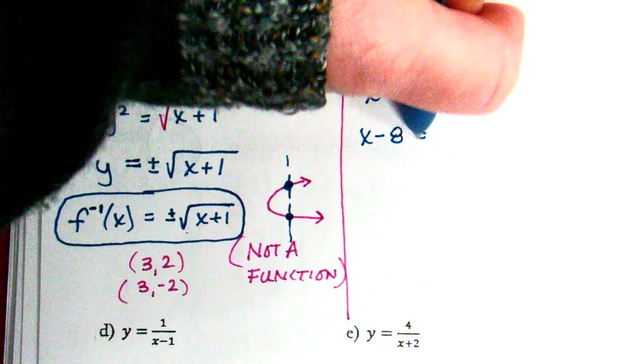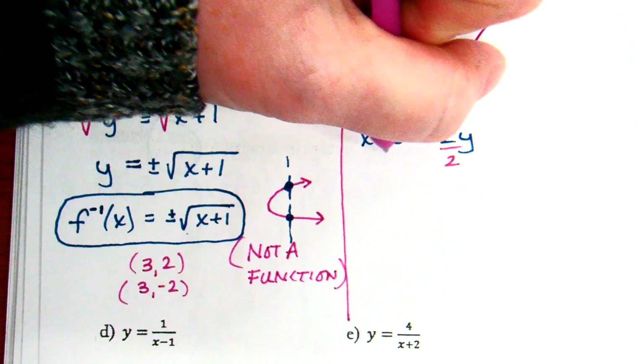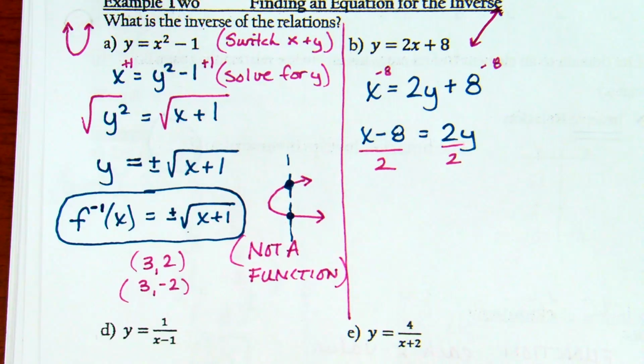So x minus 8 equals 2y. How do I keep solving for y? Divide by 2. If it's 2 times y, we're going to divide by 2. If I divide one side by 2, divide the other side by 2.